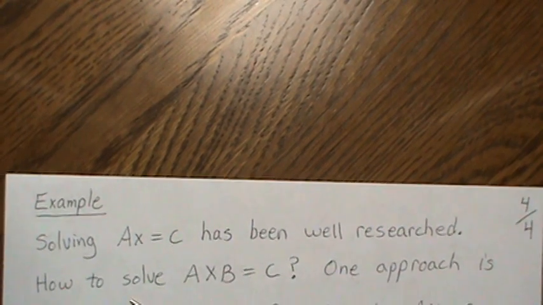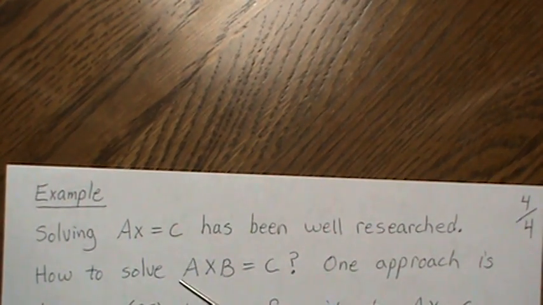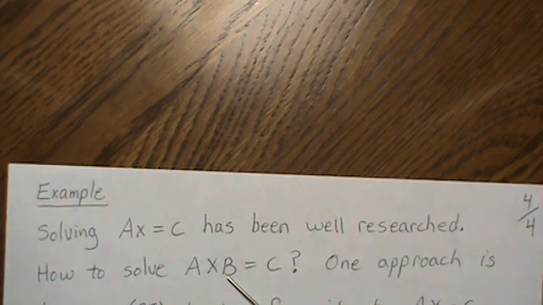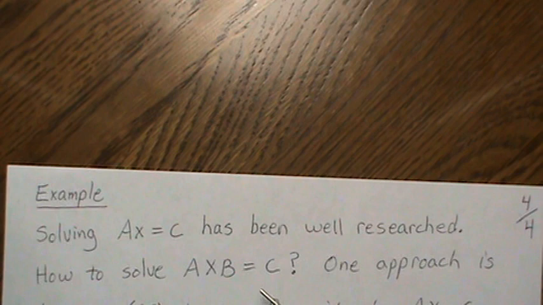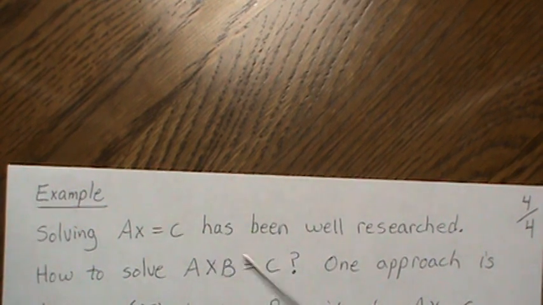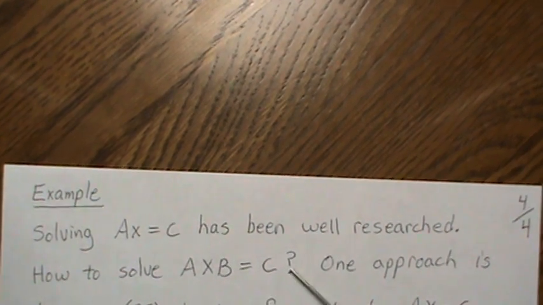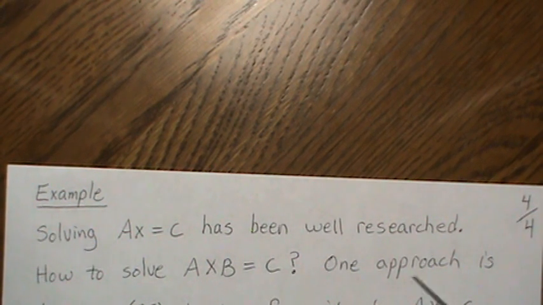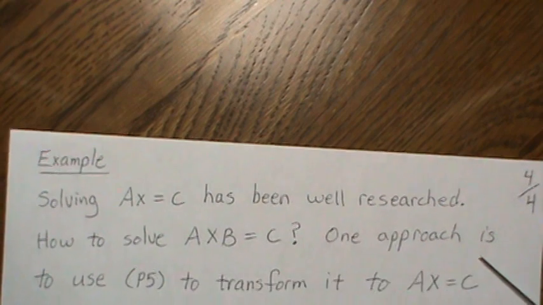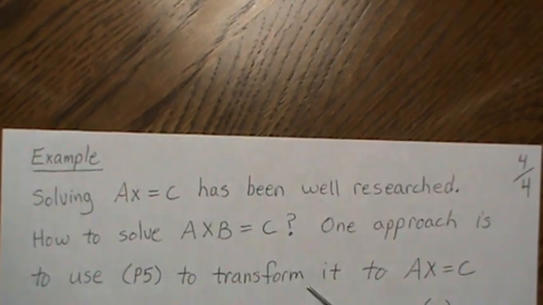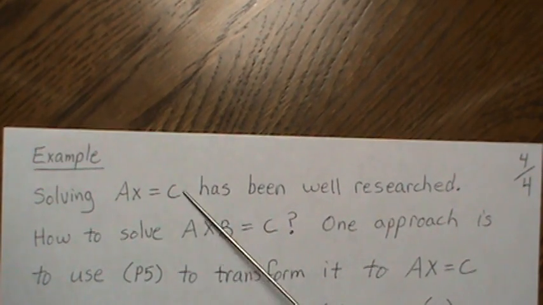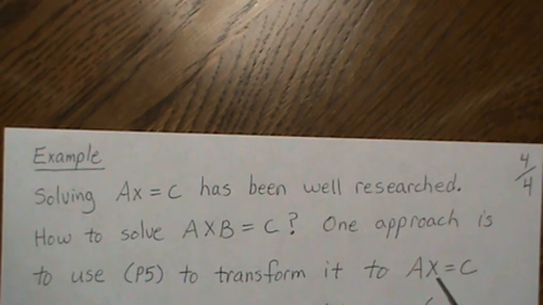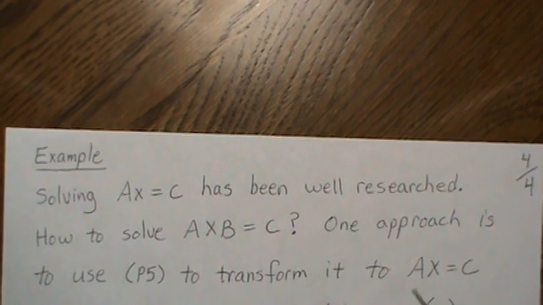Now another system of equations is: how do we solve AXB = C? These are all matrices, and C is a matrix in this case. My lowercase c and capital C look the same, but these are matrices. So how do we solve for X? One approach is to use property 5 to transform it into this form, where these are vectors, and then solve it this way because it's been well researched.